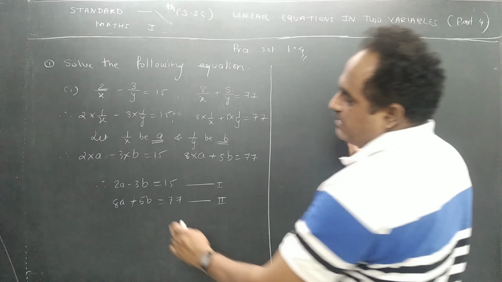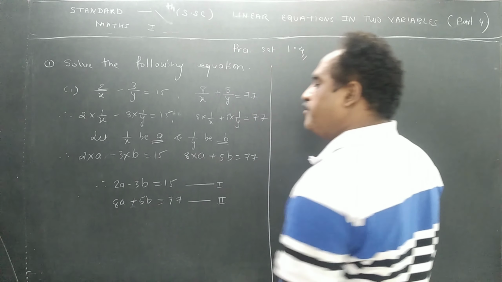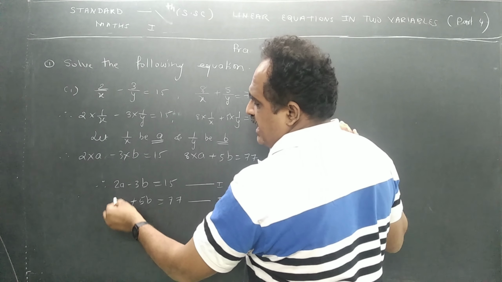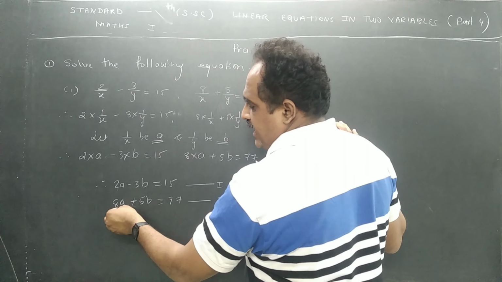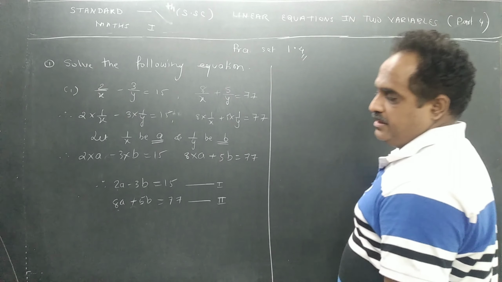Now we know how to solve it, right? So for this what I will do, we have to consider the coefficient of a or coefficient of b. Suppose I consider the coefficient of a, it is 2a, it is 8a. So if I multiply by 4, I will get 8a. Is it right?